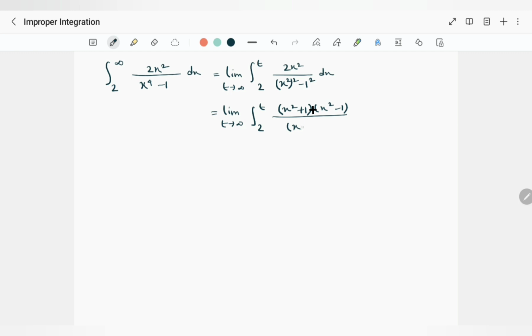So this is the a square minus b square formula, x square plus 1 and x square minus 1 dx. So this is limit t tends to infinity integration 2 to t 1 by x square minus 1 plus 1 by x square plus 1 dx.